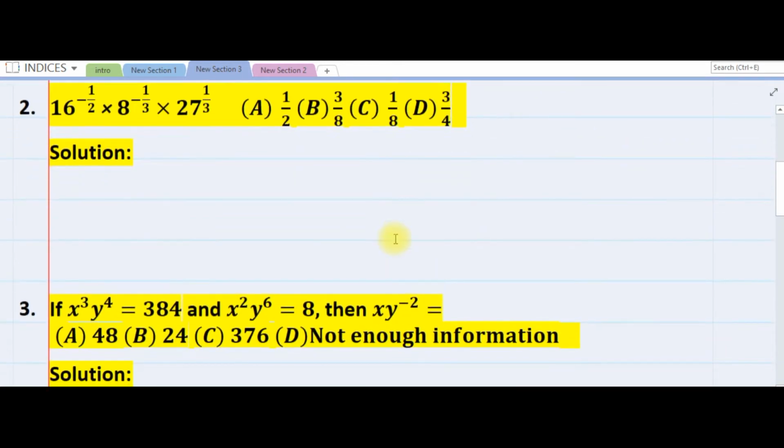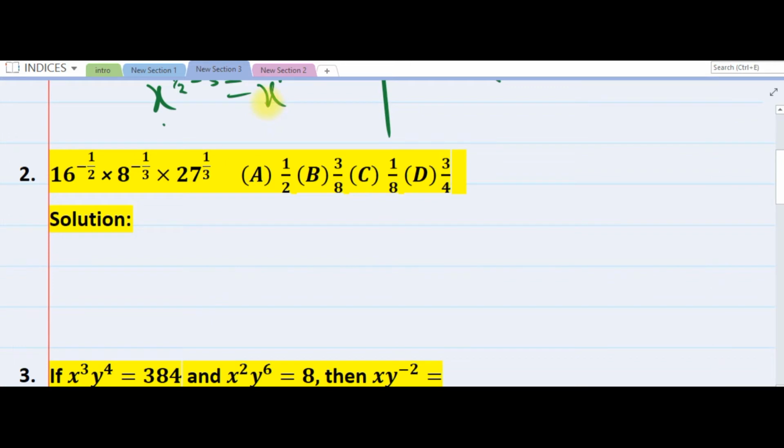So in the next question, we are given 16 raised to power minus half times 8 raised to power minus 1 over 3 times 27 raised to power 1 over 3. So again, applying the laws together. Remember, this is negative, meaning I can reciprocate. Again, this is also negative, I reciprocate.